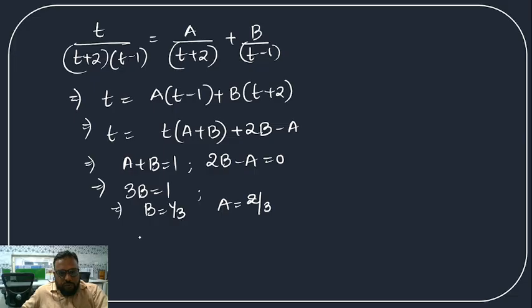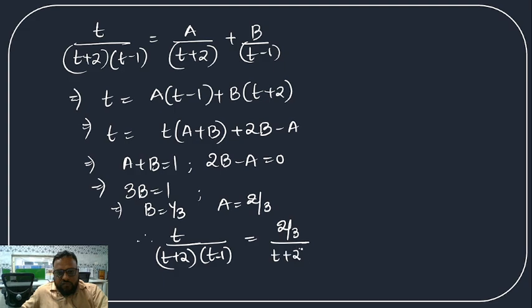Right? So therefore, t by t plus 2 into t minus 1 I can write as 2 by 3 by t plus 2 plus 1 by 3 by t minus 1.